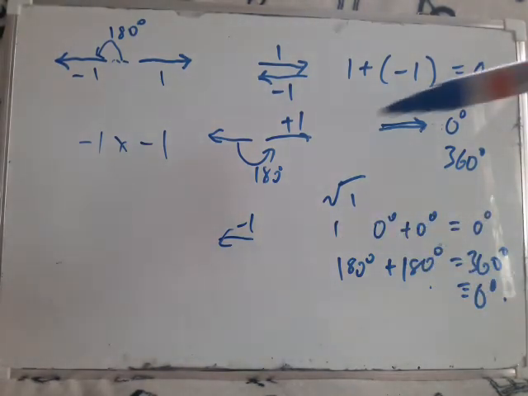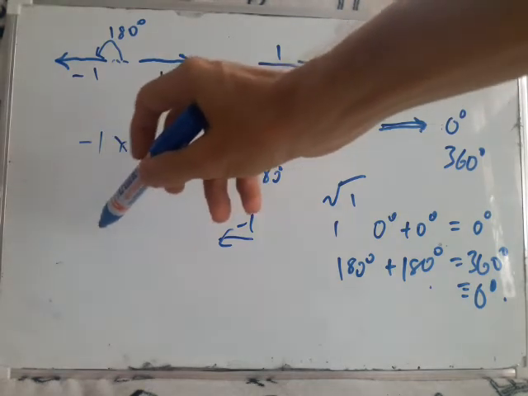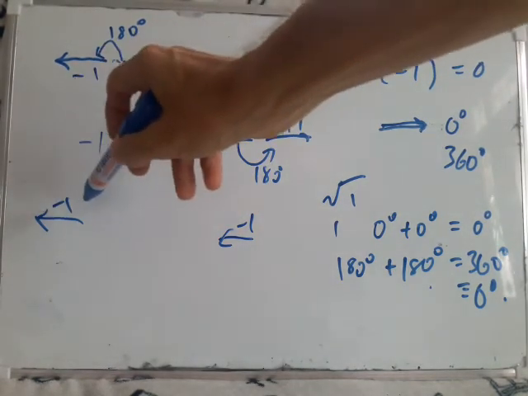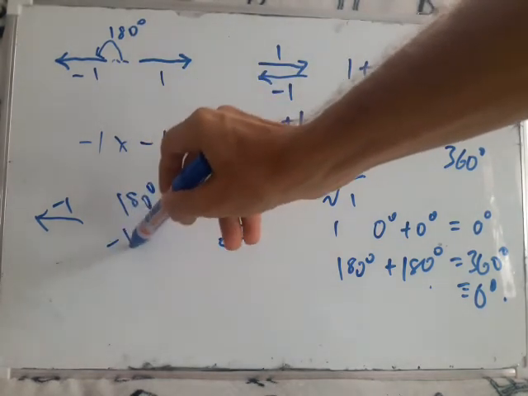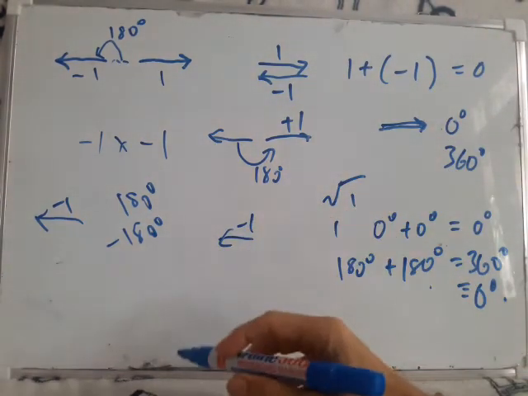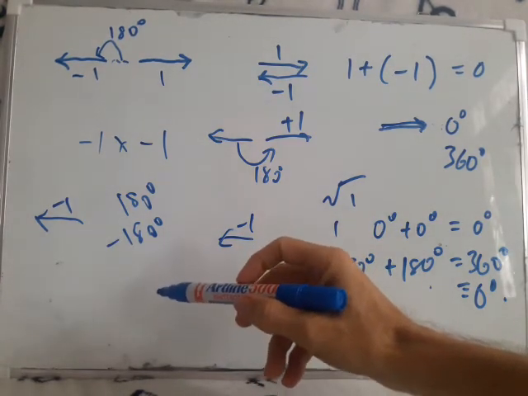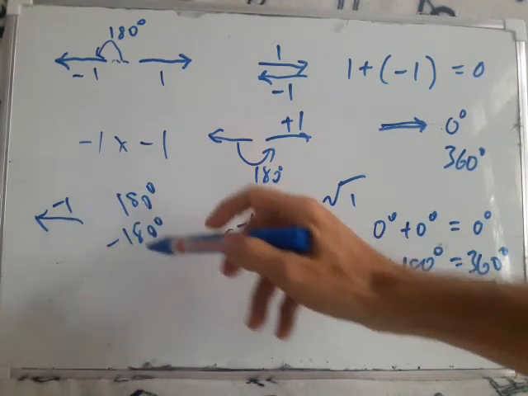Now, what about the square root of -1? The number -1 is a vector pointing in the direction either 180 degrees or equivalently -180 degrees. So I need something which, when I double the angle, gives me a vector pointing at 180 degrees.